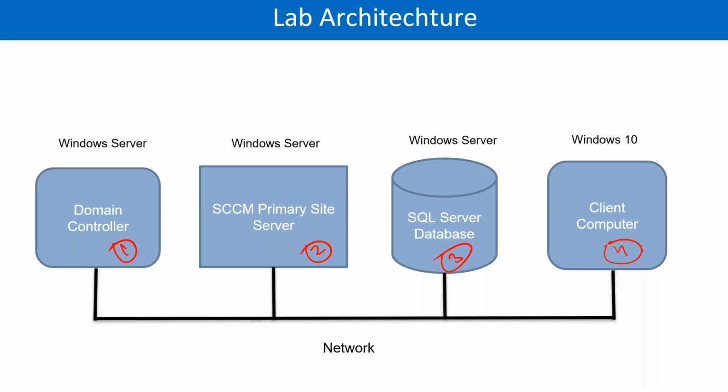Okay, and all of them will be on the same network so that they can communicate with each other. So we will have a primary site, and later on, as we go along, we will create another server, and that is the secondary site.